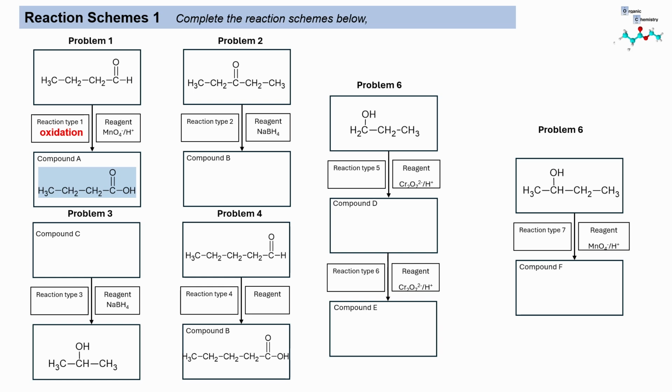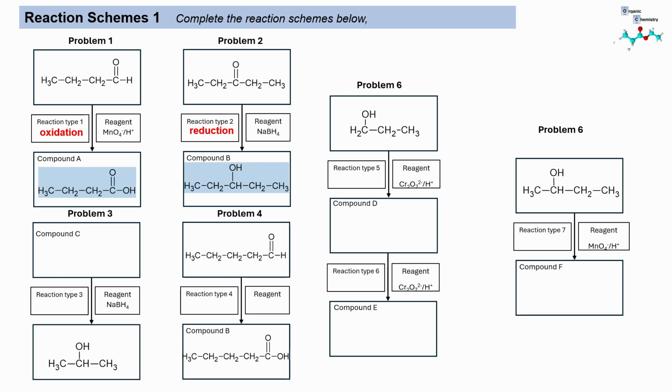So what we're going to do here is reduce the amount of carbon-oxygen bonds and turn it back into a secondary alcohol. Now remember, the rest of the molecule is going to look identical. The only difference is the functional group will change from a double bond oxygen to a single bond connection to an OH group.